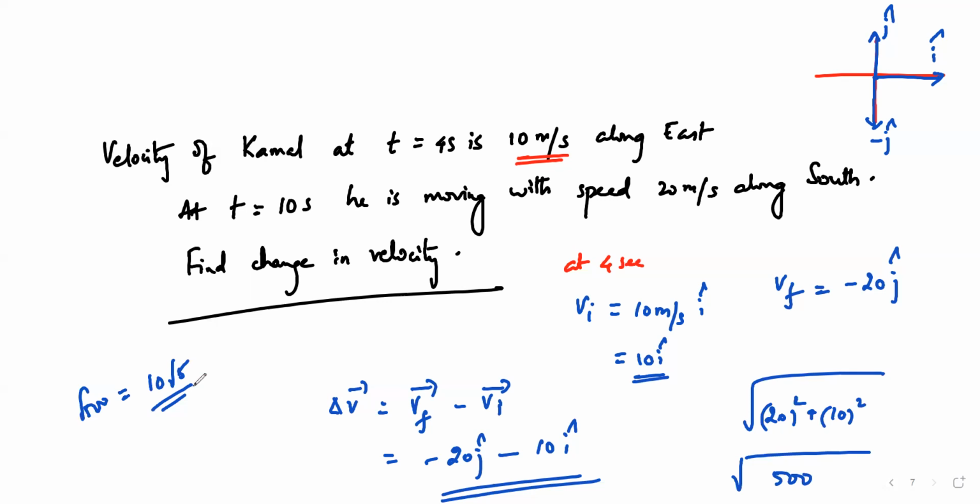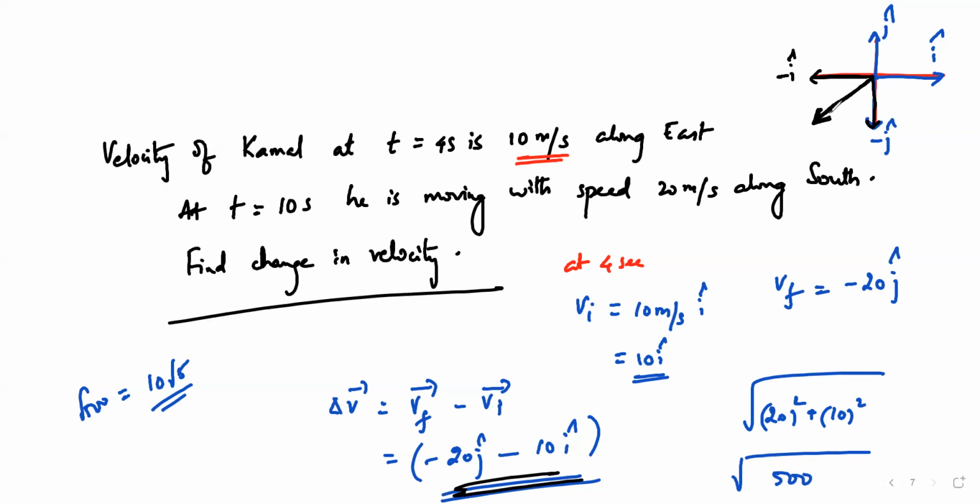See, very clearly, this is minus 20 j minus 10 i. Correct, sir? That means if I have to say, this is minus I cap and this is minus j cap. So he is traveling between these two. What direction is this?